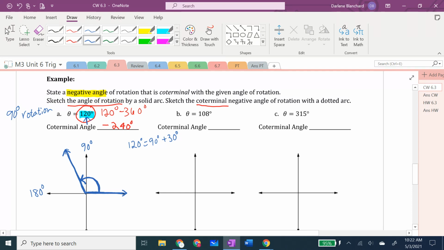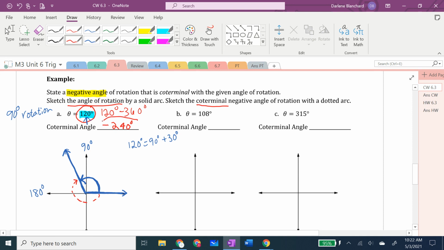Now, when it says to sketch the coterminal angle with a dotted arc, I'm going to put that in red just to distinguish. So I'm going to dash backward and then meet at that same line.